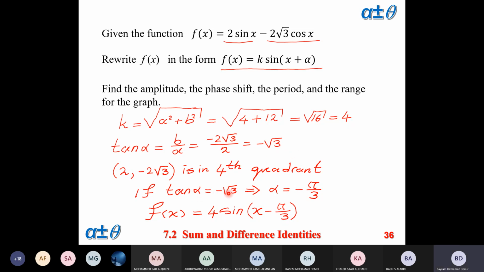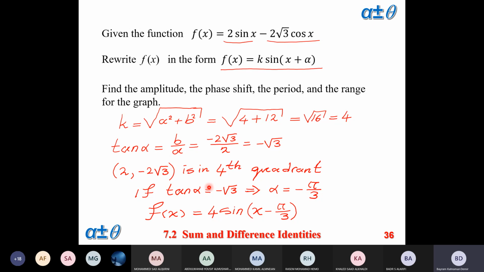If tangent alpha is negative root 3 and alpha is in the fourth quadrant, of course alpha should be negative 60 degrees, right? Yes. We should remember these things. Tangent of negative 60 degrees, that is negative pi over 3, will be negative root 3.